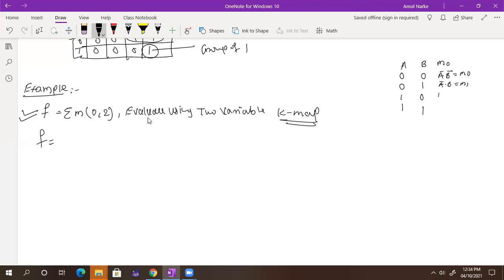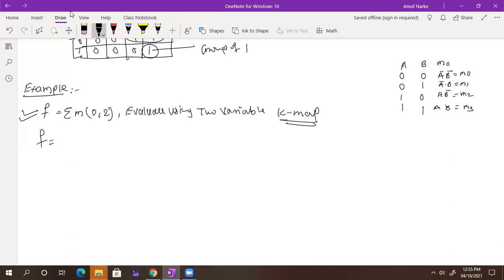What is m2? Here A into B bar, so AB bar. Am I correct? When we have 0, you need to take a bar. So here we have m2, here we have m3.